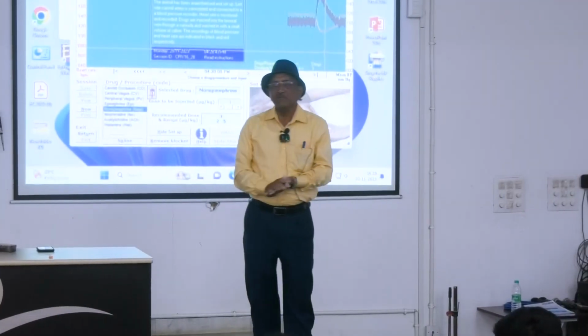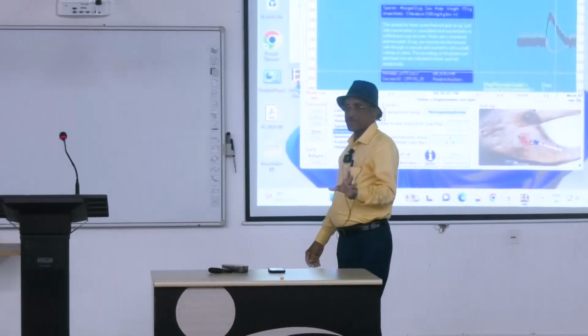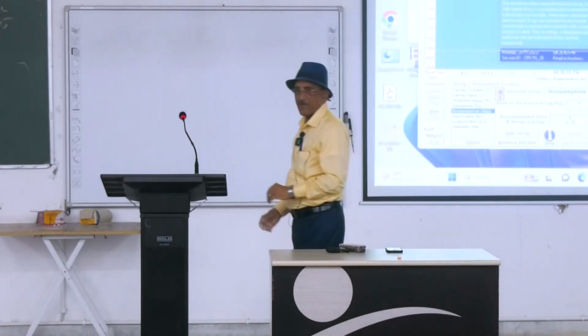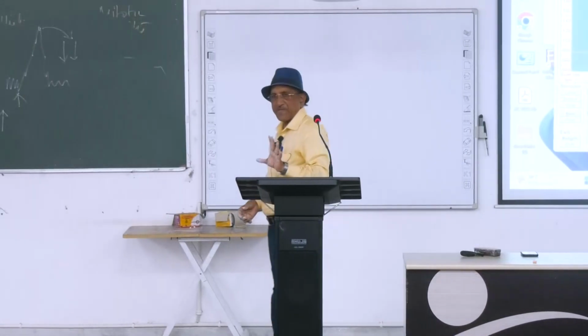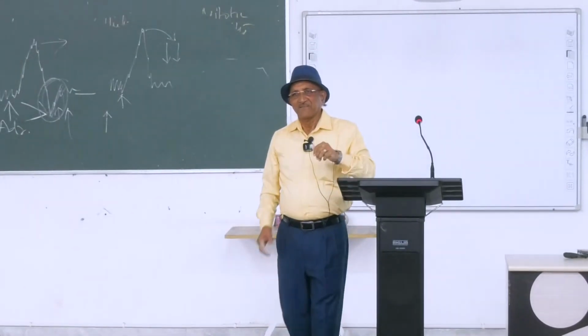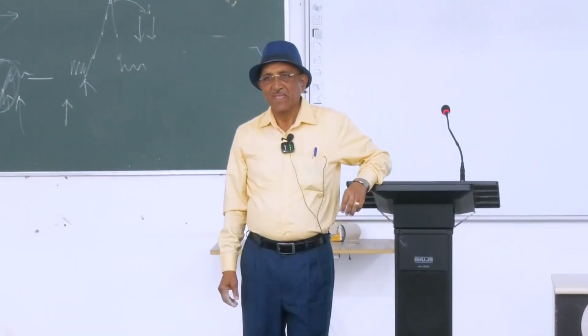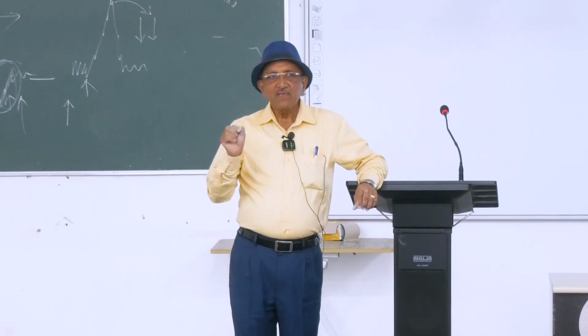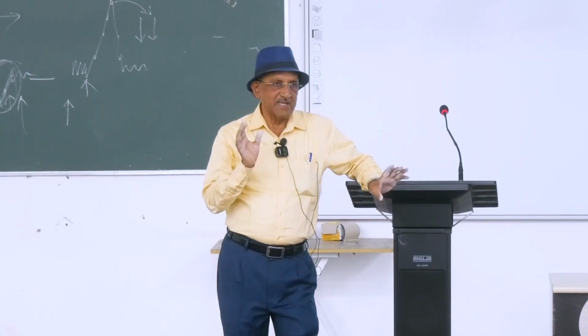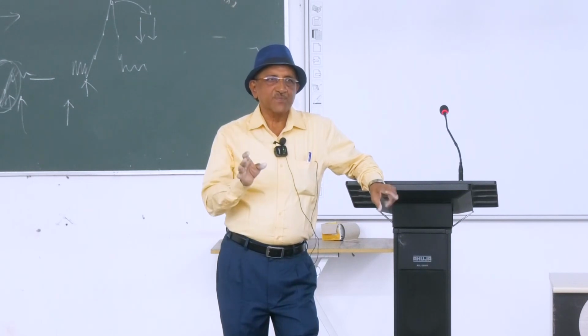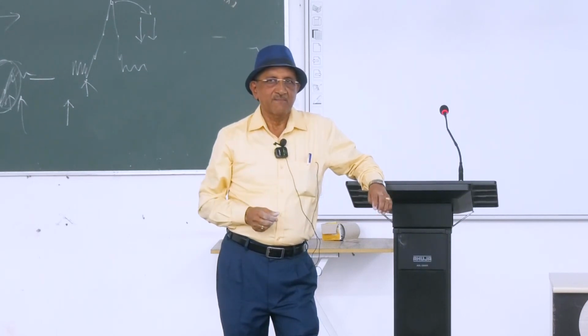Now, can you name one vasodepressor drug from autonomic pharmacology that is a sympathomimetic? Any sympathomimetic drug which will cause fall in blood pressure?